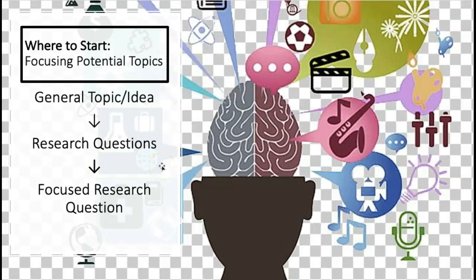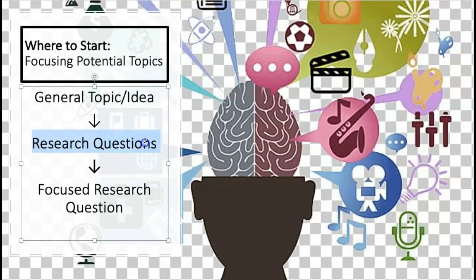So generally speaking, when you want to start finding a topic, you begin with a general idea, and that is the general field of things that you are particularly interested in. In our shortened idea of the project, you would have a few days to read into this general topic and begin to think about your first research question. After a day or two further, you can focus your research and come out with a more focused research question.